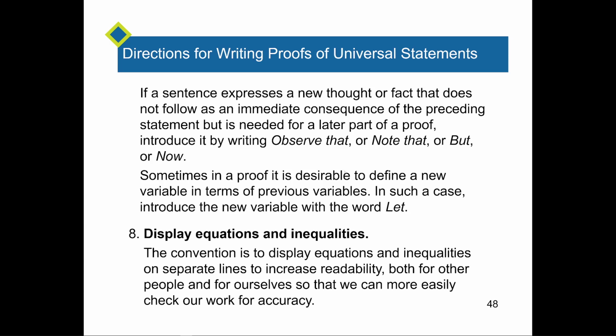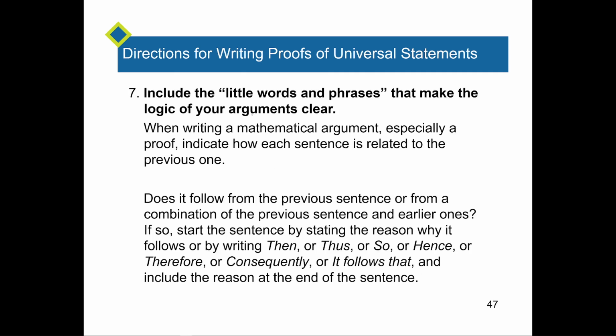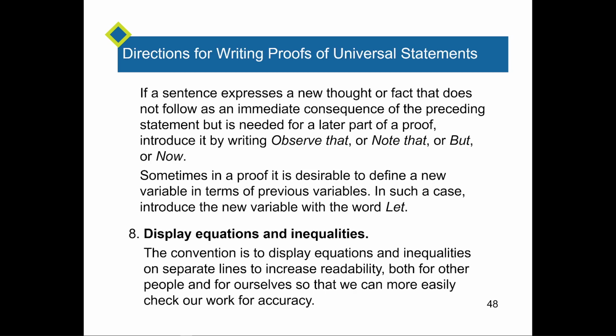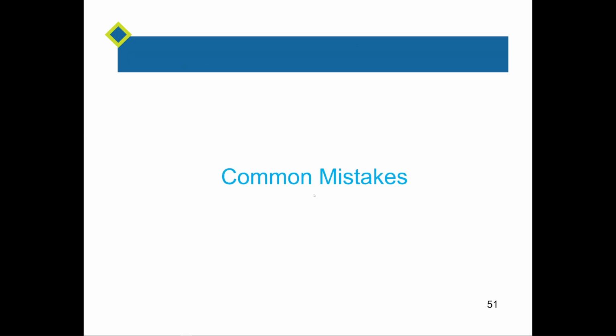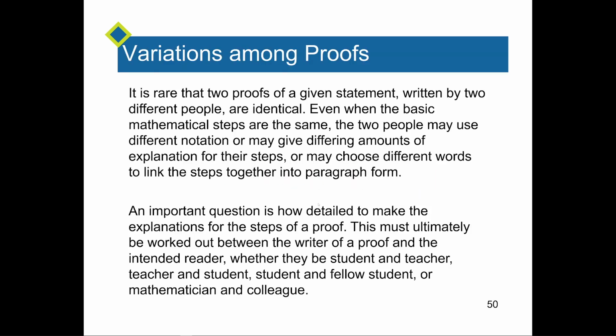And then we could recall it at some point in time. Then we're going to display equations and inequalities. So we need to have some statements here to back up all our arguments from before. And then we have our conclusion. So these are some helpful proof writing tips. So this is what I was speaking about at the beginning, variations among proofs.